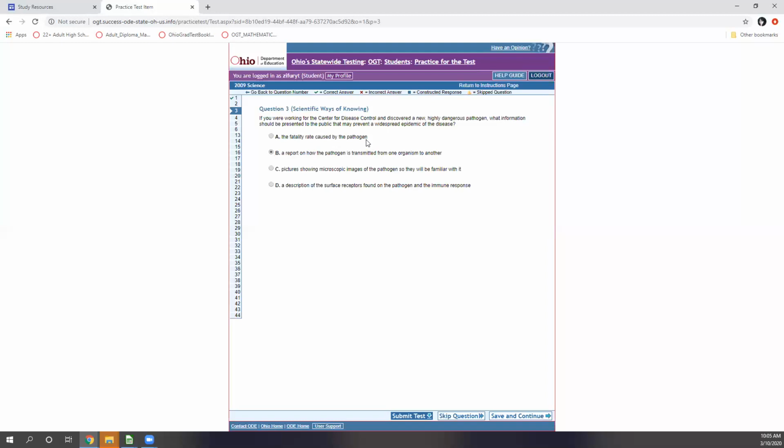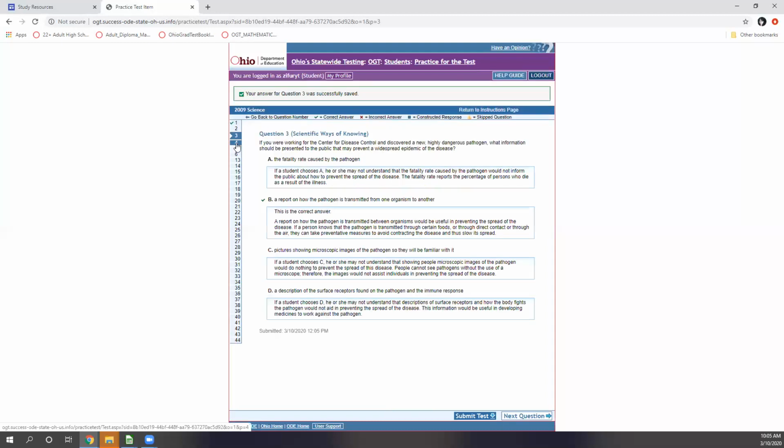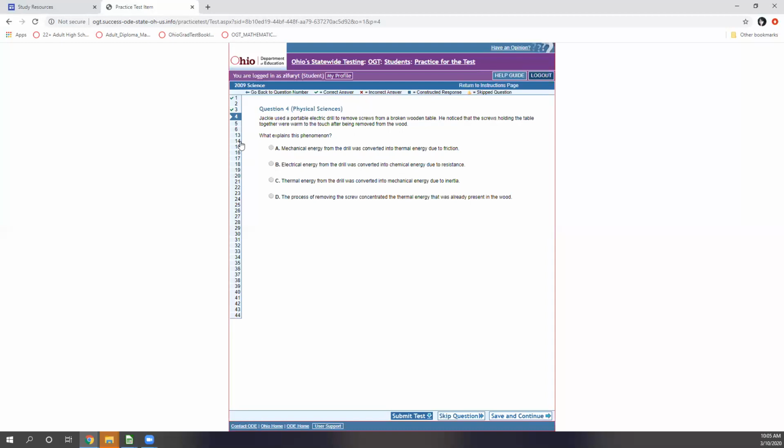This one causes panic. This one, who cares other than the scientists, and this one as well, or maybe you're curious about it, that's great. But that's not really going to help you prevent the widespread epidemic of a disease. So it is how it's transmitted from one organism to another. I've seen this question in one form or another on pretty much every test. So just know that, and think about that.